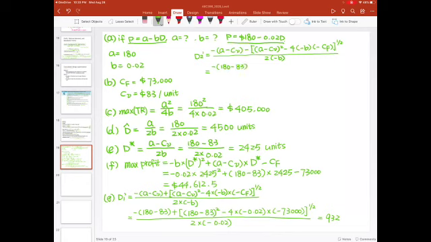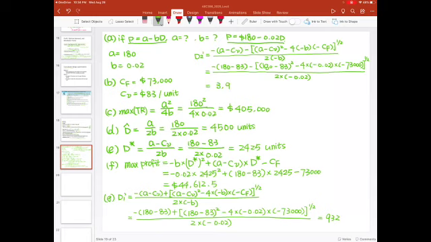A is 180, CV is 83, minus 180 minus 83 to the power of 2 minus 4 times minus 0.02 times minus 73,000, and the whole thing under the square root, okay, and divide it by 2 times minus 0.02, and calculate this.